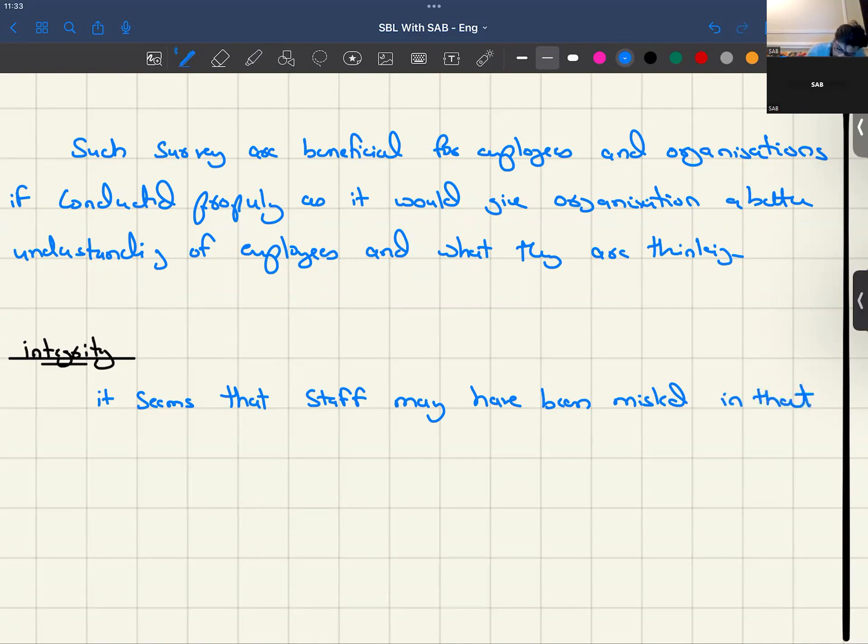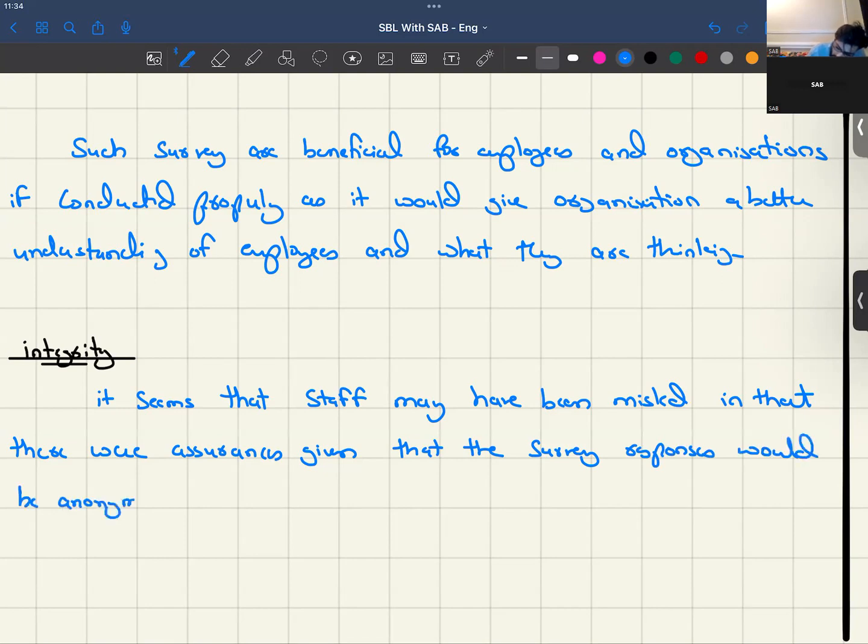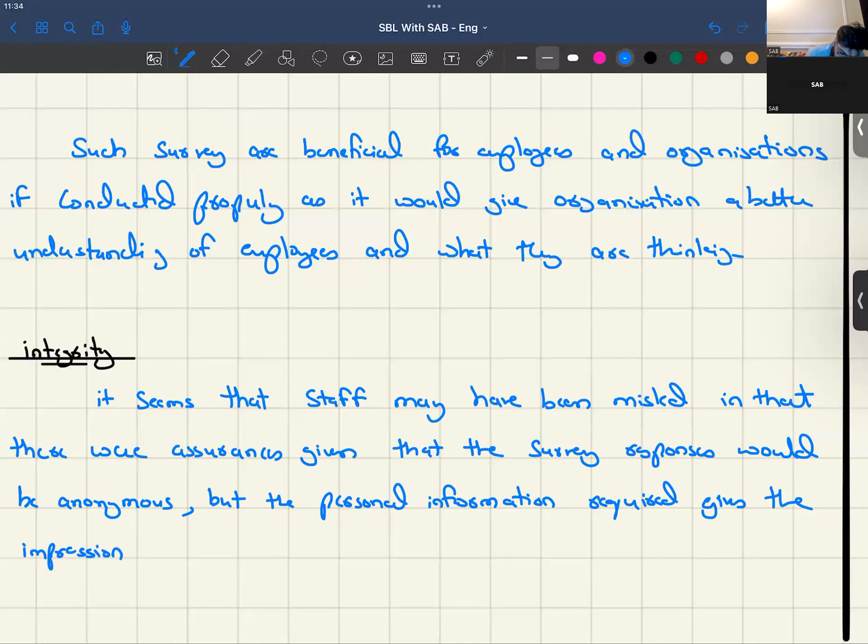There were assurances given that the survey responses would be anonymous, but the personal information required gives the impression that management can identify the respondents.